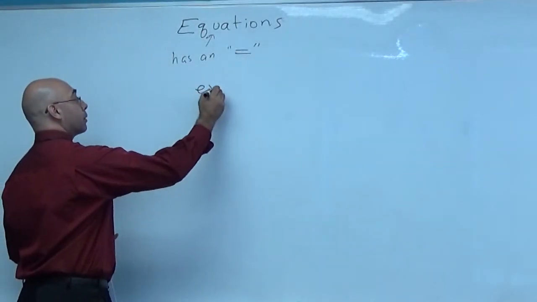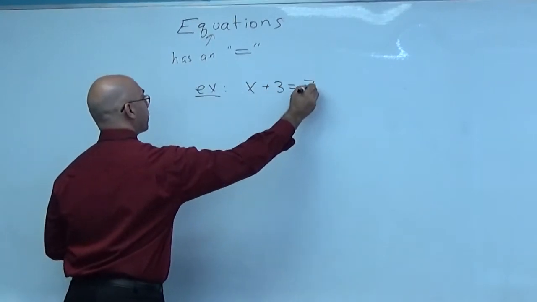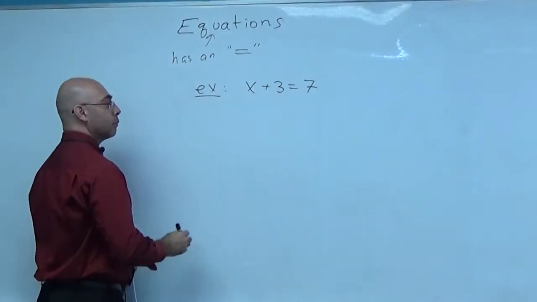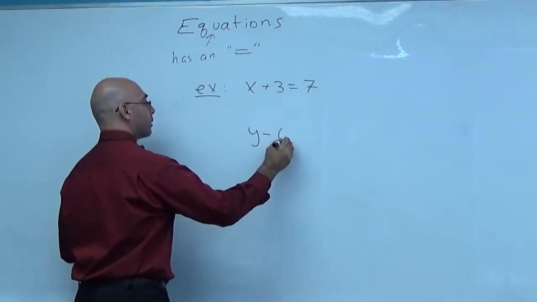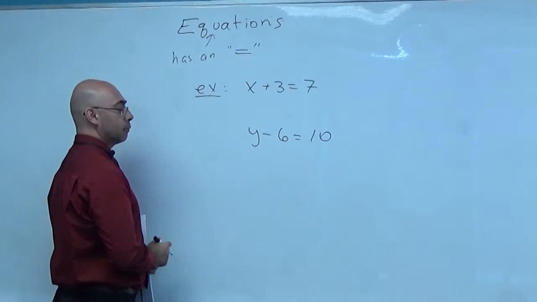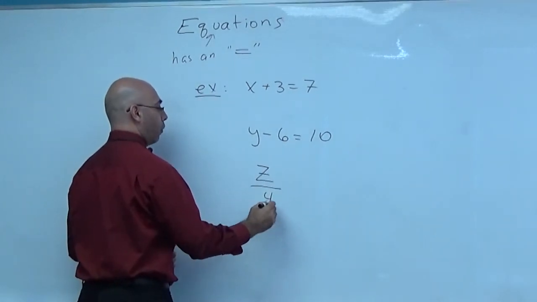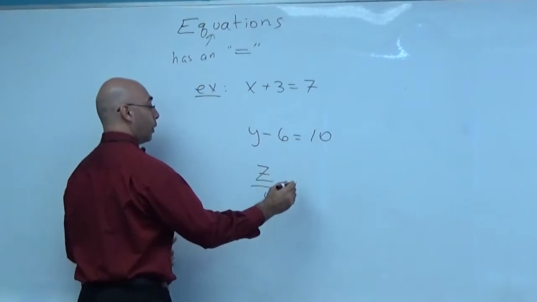So, examples. X plus 3 equals 7. Y minus 6 equals 10. Z divided by 4 equals 20.